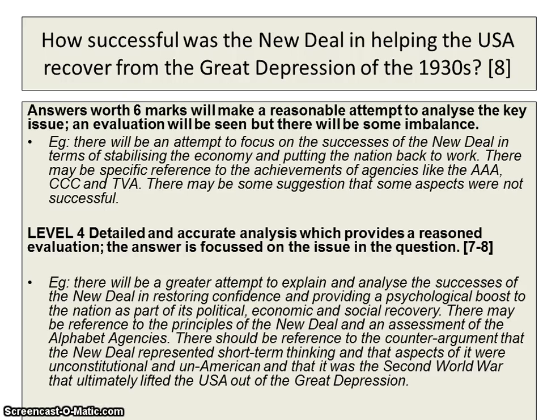Or the CCC putting 18 to 25-year-olds into work with low pay, but still helping them to gain employment and skills during a time when they couldn't get any employment.